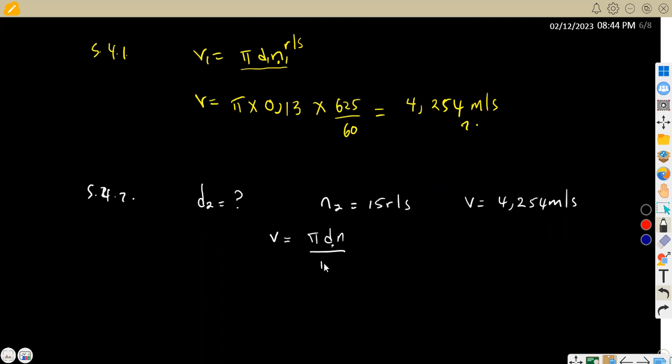So if we divide both sides by pi N, we have the formula for D, which is equivalent to V over pi N.